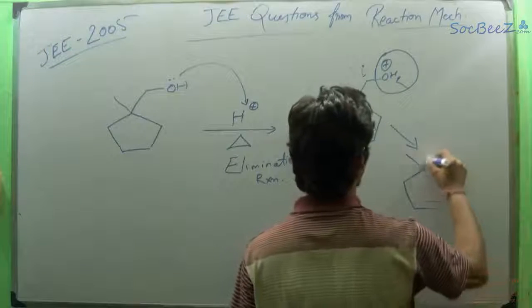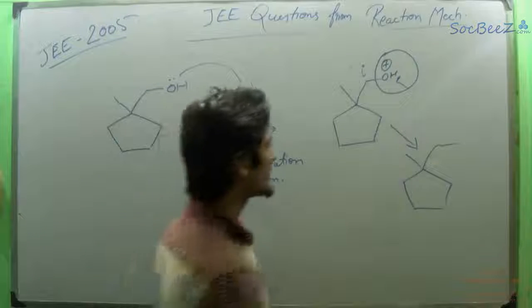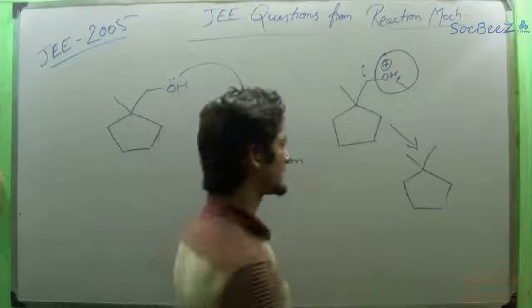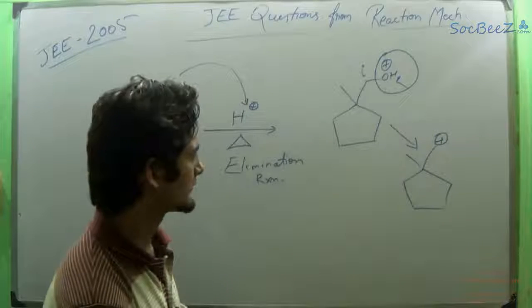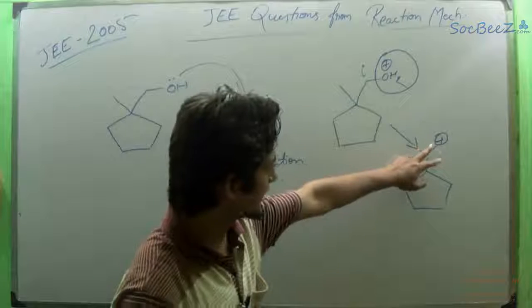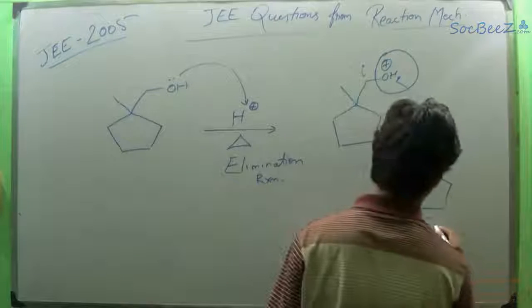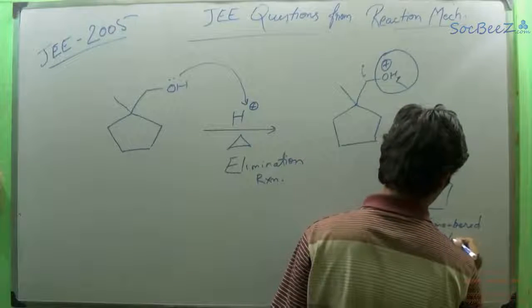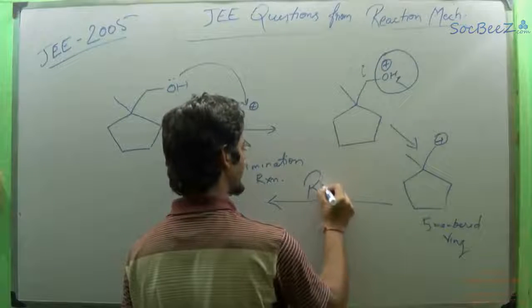but as soon as you see this setup, it should instantly come to your mind that it can undergo a shift, and the shift will be somewhat different in this case. That is, this is a 5-membered ring. So it can undergo a ring expansion.